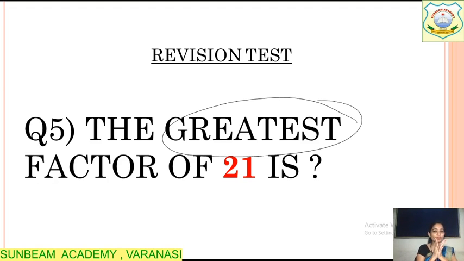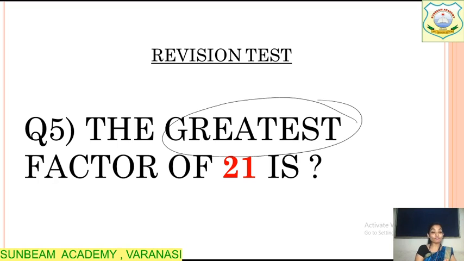You have to do it by your own. Okay, so now tell me the answer 5. The greatest factor of 21 is. Yes, your time starts now. Fast. Alright, everyone is doing well. Very good. Nice. So now time's up for question number 5.